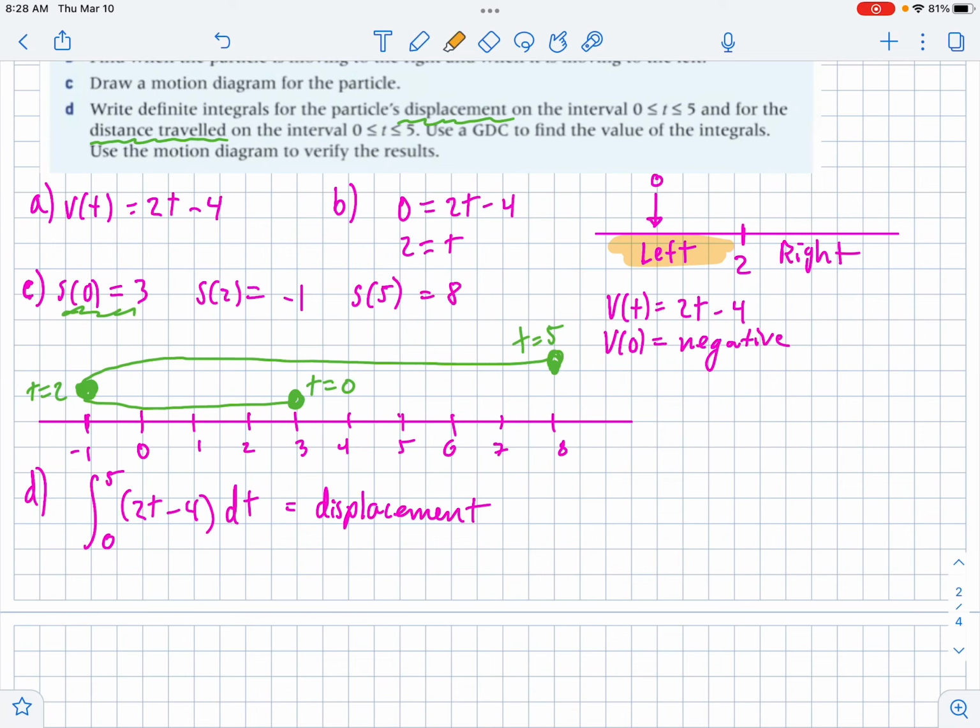Now, I don't even really have to integrate that because I know it starts at 3 and then ends at 8. So if it starts at 3 and ends at 8, this is a displacement of 5. You could use your GDC to check that.